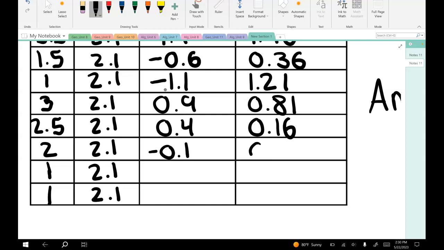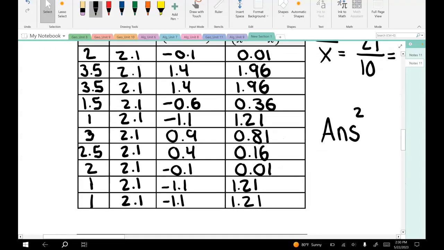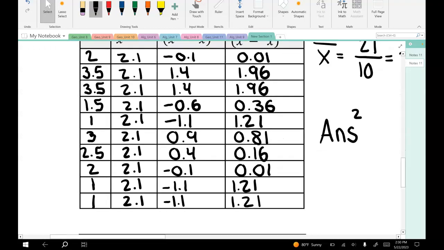And we square it, this will be 0.01. This is negative 1.1. This is again a repeat, so you can just copy it down from a previous row. So this is something you need to get comfortable doing on your calculator, going through and practicing, taking these numbers, subtracting it, and then squaring it. That's all you're doing.